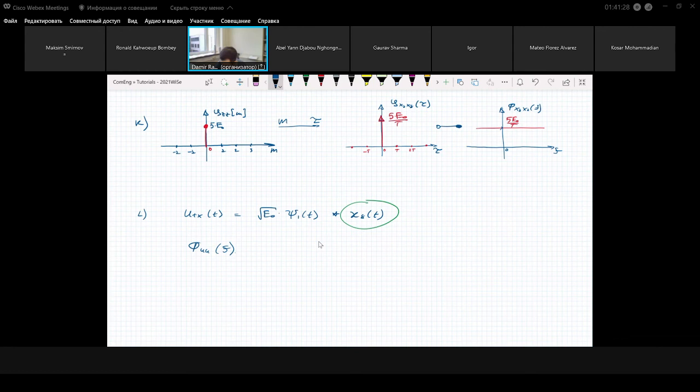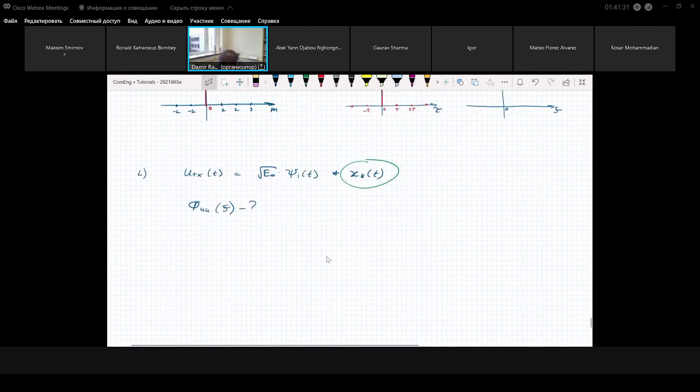I can show that the autocorrelation function for psi1 of t is nothing else than a rectangular pulse that goes from minus capital T to capital T. The amplitude will be 1 over T. Then, by Fourier transform, the energy spectral density is a sinc squared function.